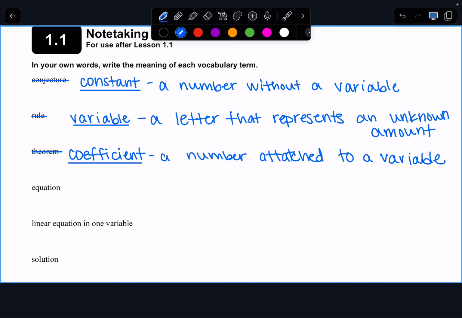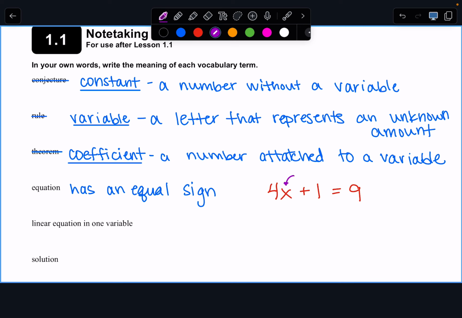Okay. So we're going to work with solving equations. An equation has an equal sign. That's why it's called an equation. Okay. So if I have the equation 4x plus 1 equals 9, what's our variable?